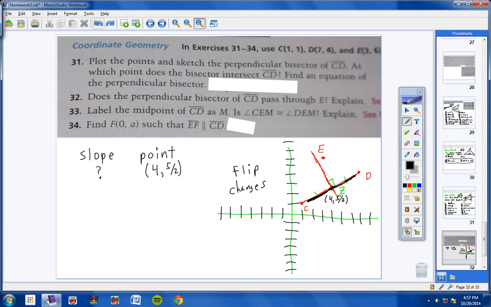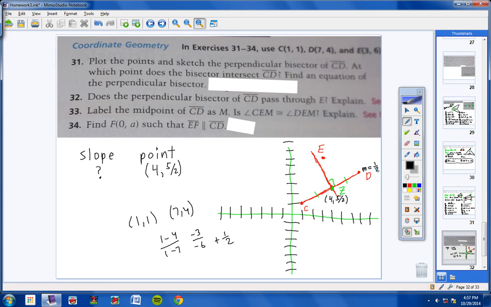So with that in mind, watch this. Let's find the slope of CD real quick, okay? So here we go. Here's C, 1, 1. Here's D, 7, 4. How do you find the slope? Well, y minus y and x minus x would be negative 3 over negative 6. So a positive 1/2. So there, the slope of this line here is 1/2.